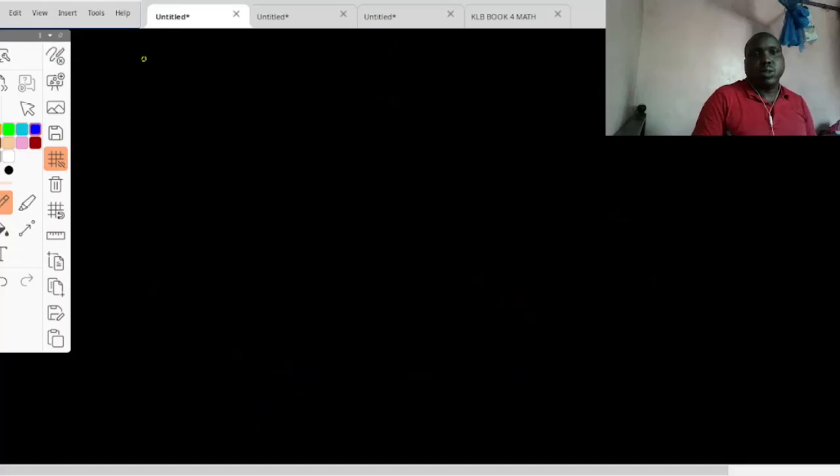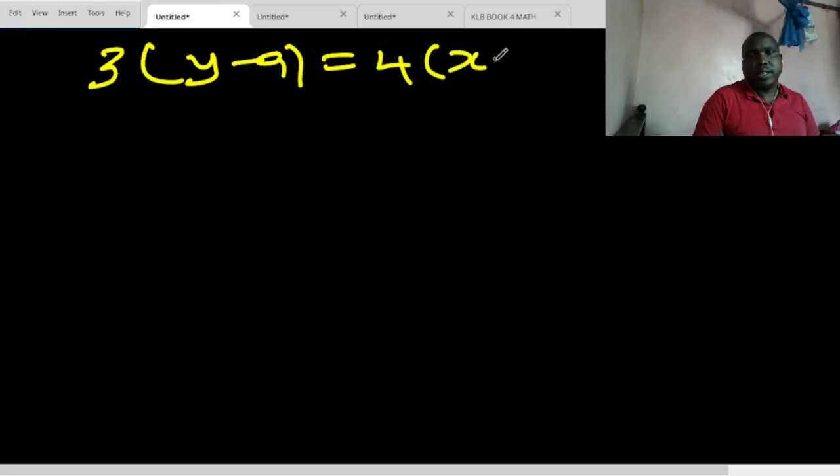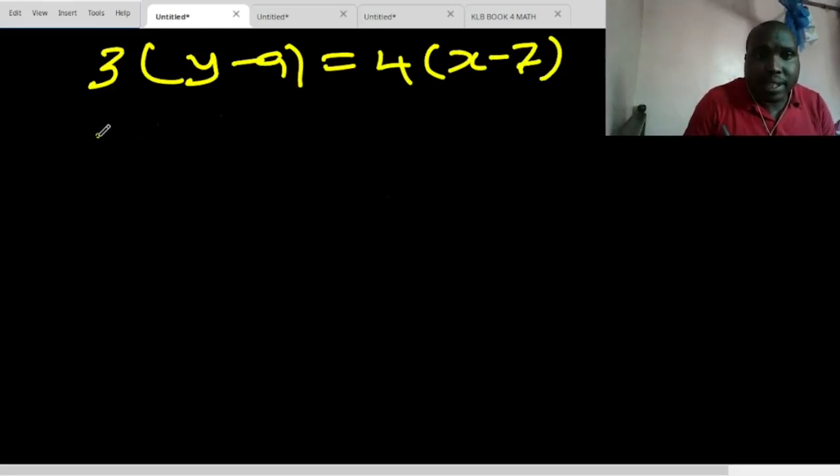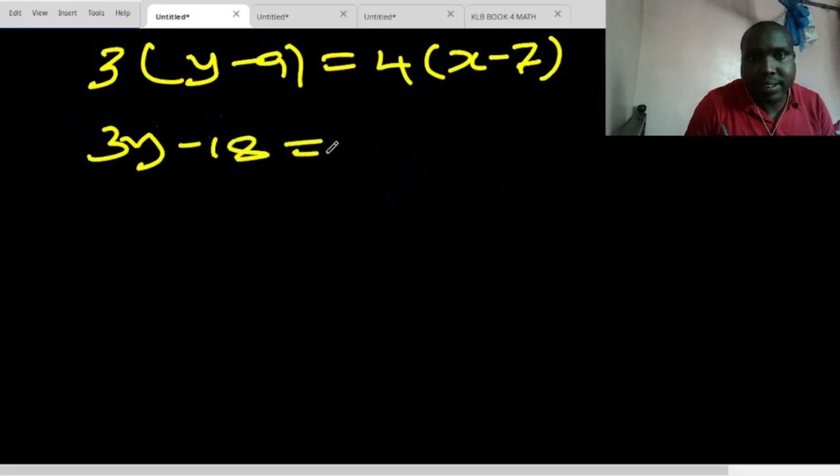So we had actually 3 into y minus 9, which is equal to 4 into x minus 7. So open here, we will have 3y minus 18 is equal to 4x minus 28.